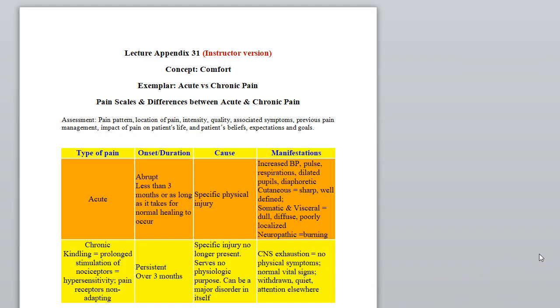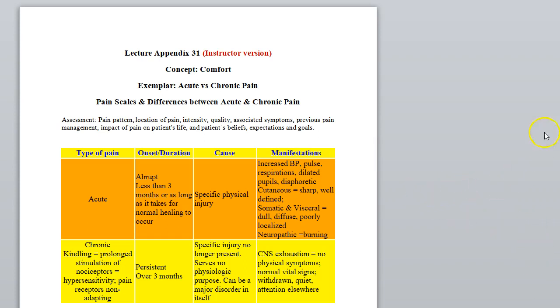And here's Appendix 31-36, where it's just a little exercise to do, where we look at acute versus chronic as we assess these patients, looking at pain location, the pain pattern, intensity, quality, associated symptoms, previous pain management, and how this pain impacts someone's life, and the patient's own beliefs about pain, and what are their expectations and goals in treating this pain.